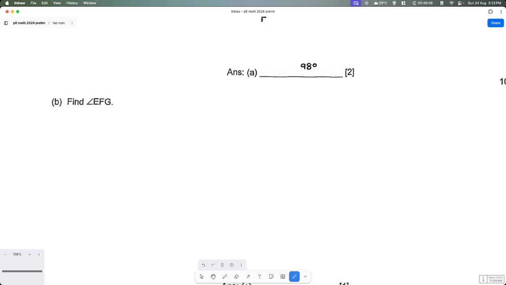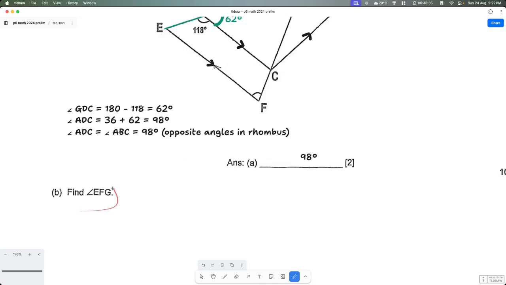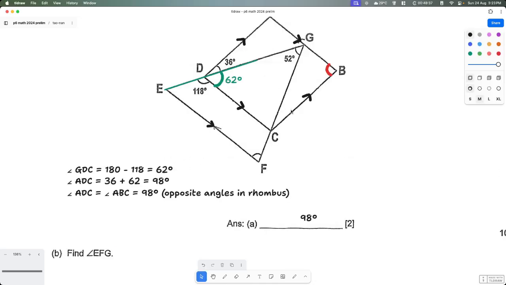Find EFG. Okay, so EFG over here is this one. So let me just put 98 degrees to this over here. Make this black. Okay, so we want to get this angle, EFG, which is this red one over here. How we get it is we can get this angle here, right?